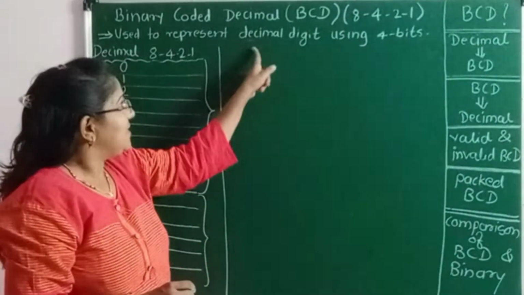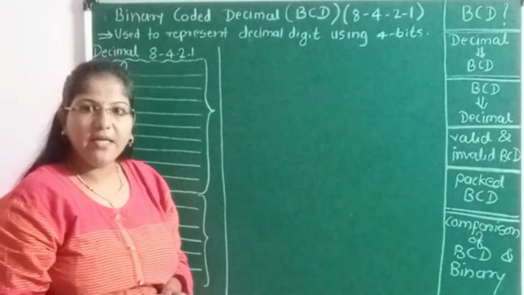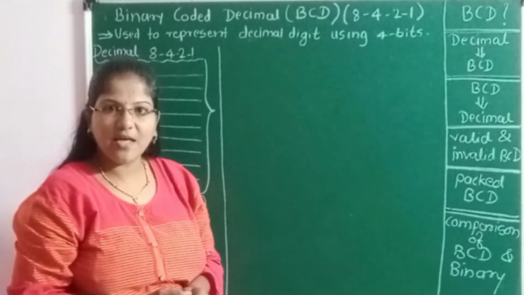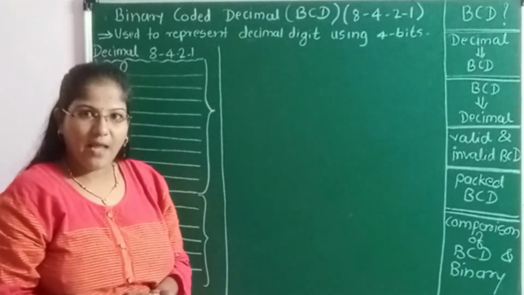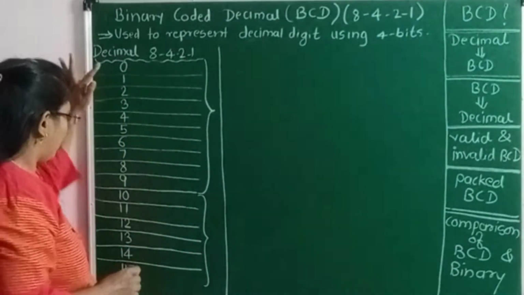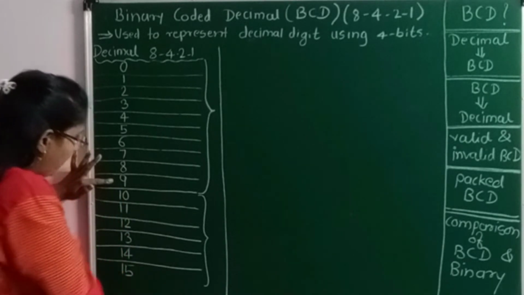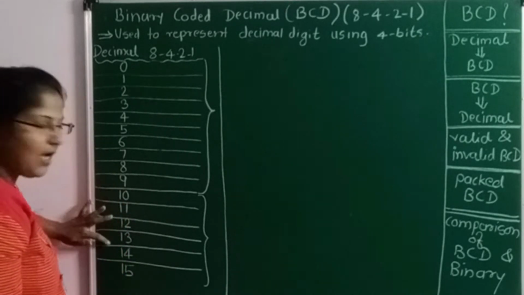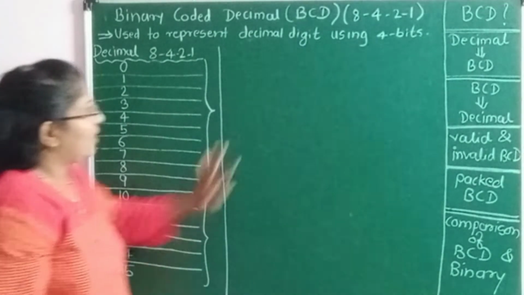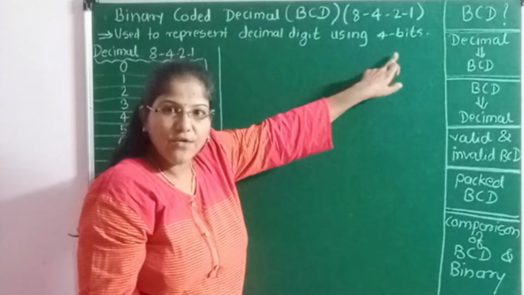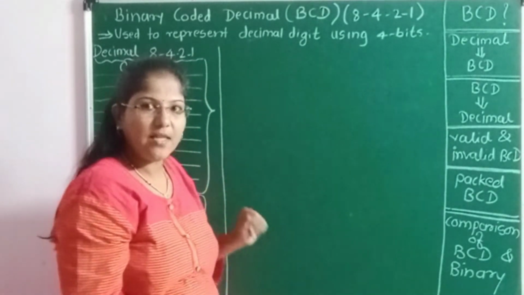Now decimal digit. So we know how many decimal digits are there in decimal number system. Total 10 digits are there, 0 to 9. So I have written here 0 to 9. After this again I have written 10 to 15. Why I have written, I will tell you. Here we are going to represent the decimal digit using 4 bits. So using 4 bits, how many numbers we can represent?